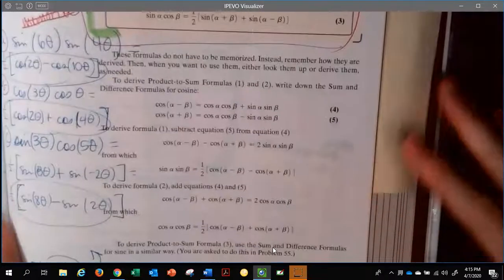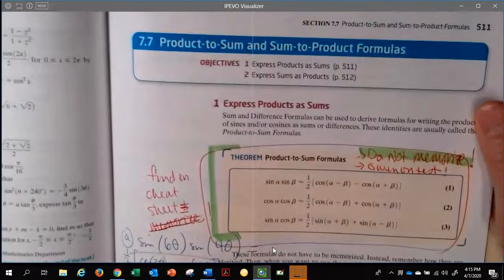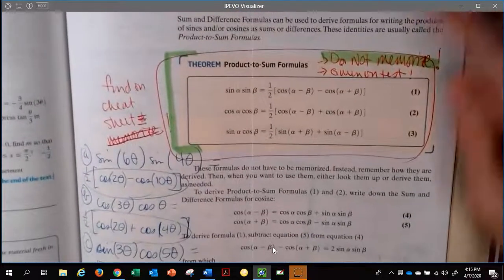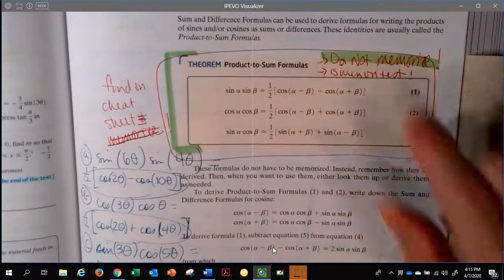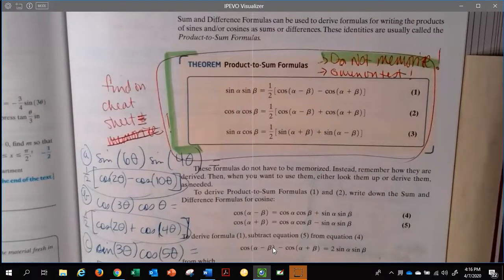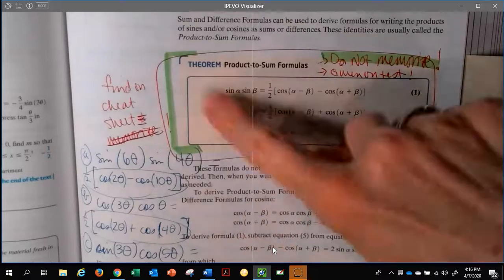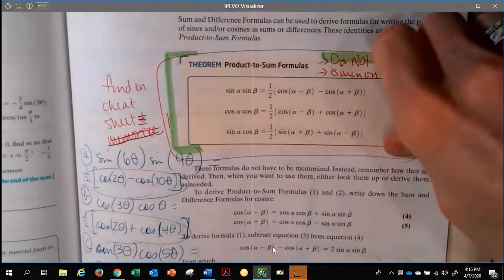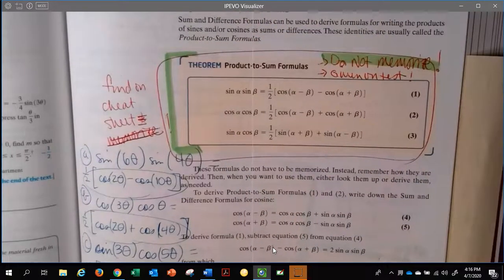On page 511, this is our last part, 7.7, for the test. Notice I have, do not memorize anything in 7.7 except for how to do the processes. This actual little clip will be on the test for you to use.